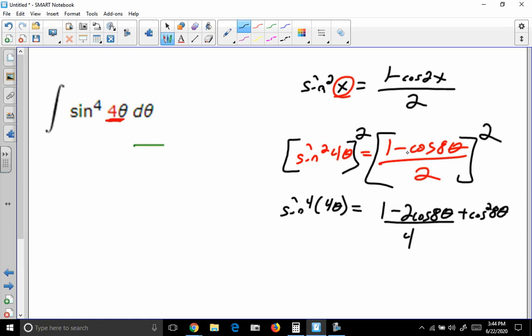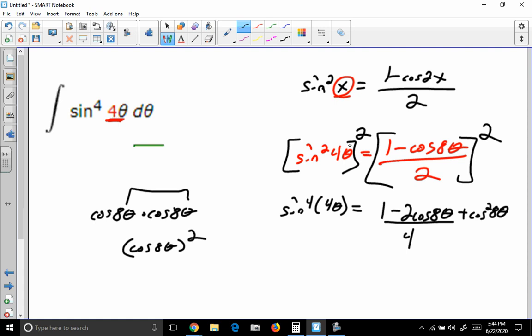Remember, when we square this, we're not multiplying the insides together. Cosine 8 theta times cosine 8 theta is just cosine squared of 8 theta, not cosine 64 theta. So we're not multiplying the angles together.